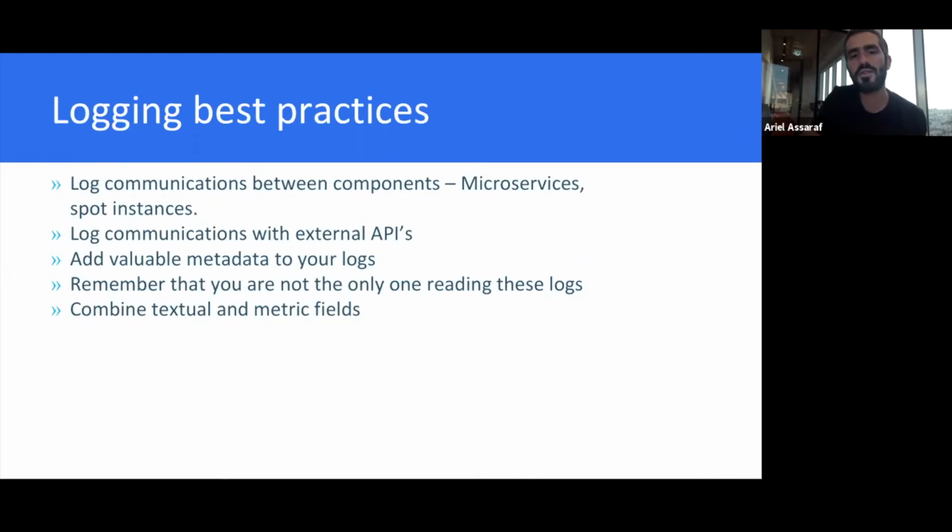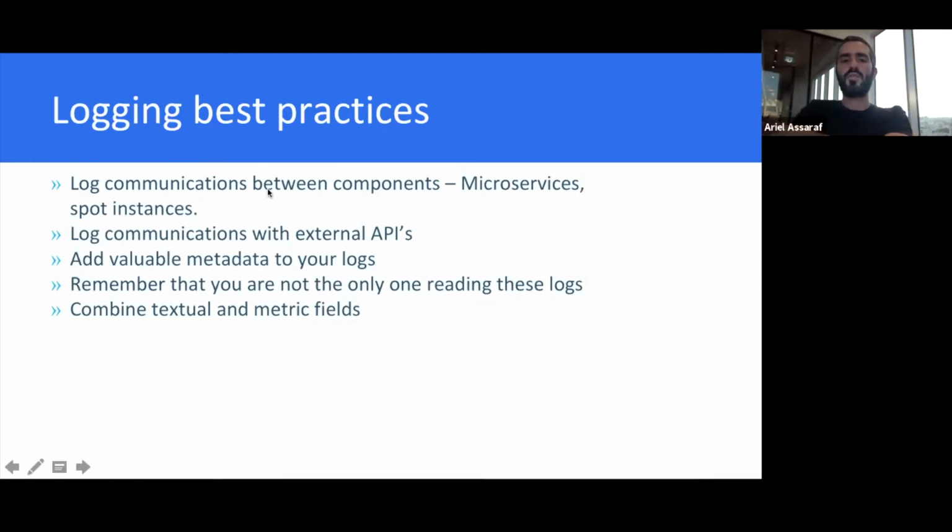Then we describe the internal process, and then we say, this is the message that I wrote back, and this is the response that I got. So now, if something goes wrong, it's very easy to troubleshoot and go all the way, whether it's the payload that was broken, latency in writing, bad response from Kafka, and so on. So log the communication between your components and microservices, not just internally.